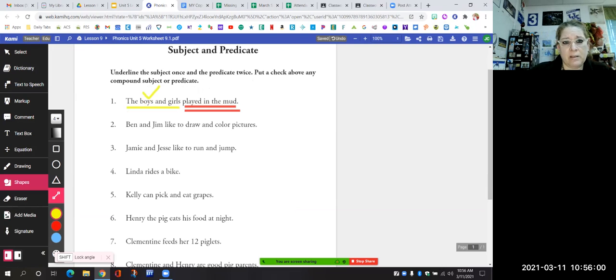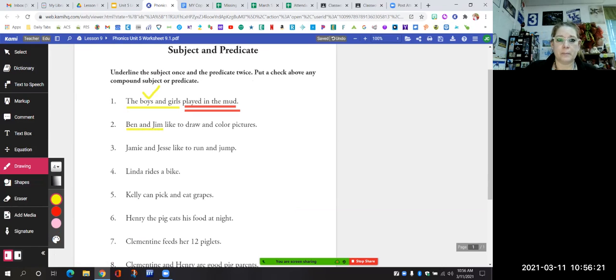Ben and Jim like to draw and color pictures. Who or what is the subject? Right, it's Ben and Jim, 2 of them. So is that compound or simple? There are 2 people, so that makes it compound. Now let's find the predicate.